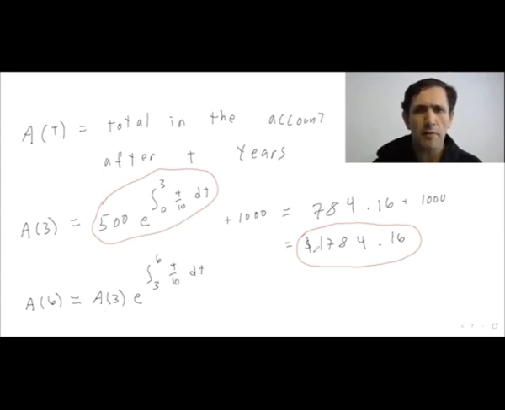And we've got A of 3 here. It's just 1784 and 16 cents. Just barely squeeze that in. Let me move the E over.